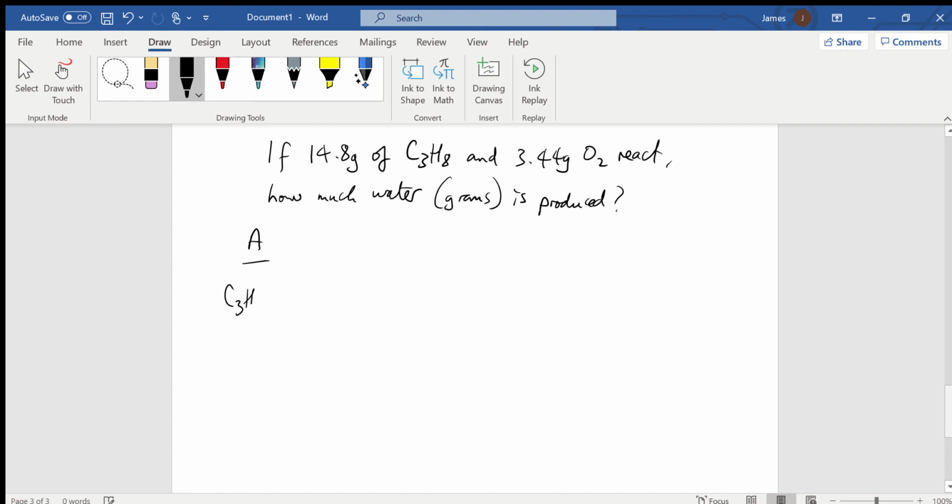So C3H8, we're going to have a dimensional analysis. And I'm looking at grams of water. So I'm going to write gram of water. All right, well, I know from adding up the mass of 2 hydrogens and 1 oxygen that there's 18.02 gram of water in 1 mole of water.